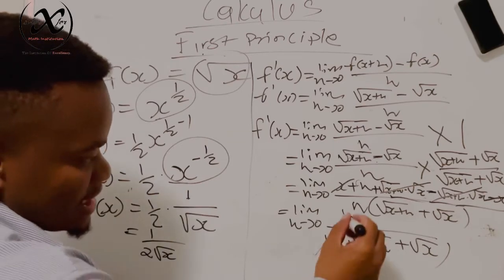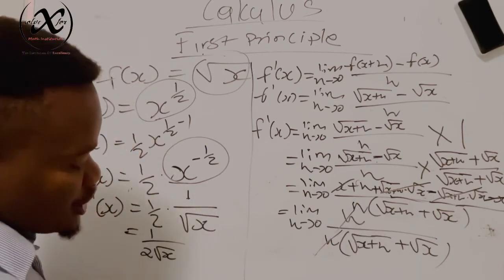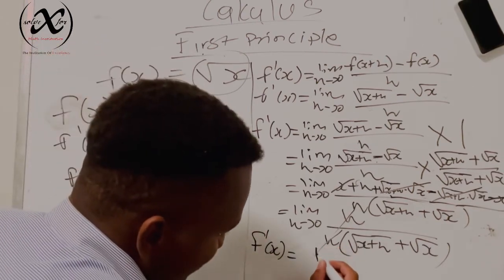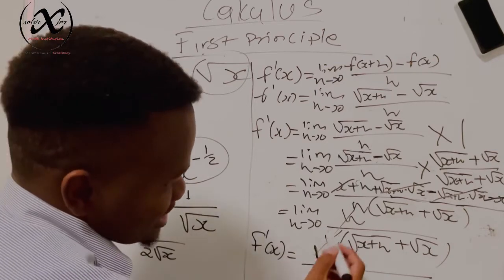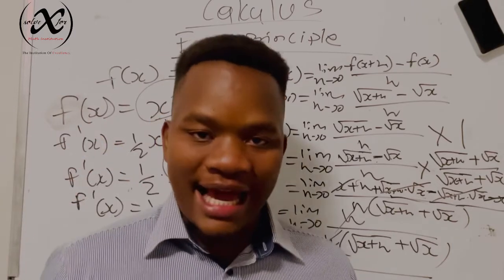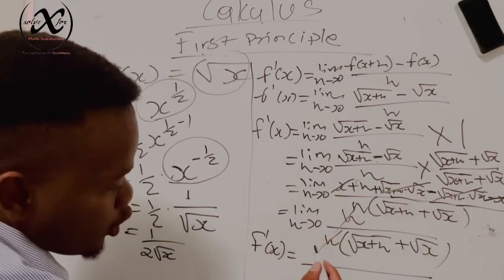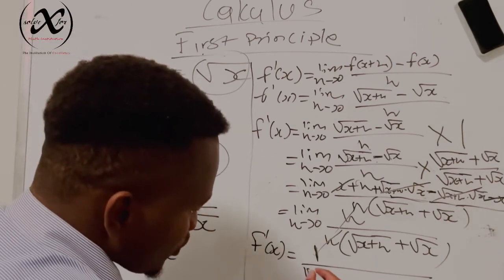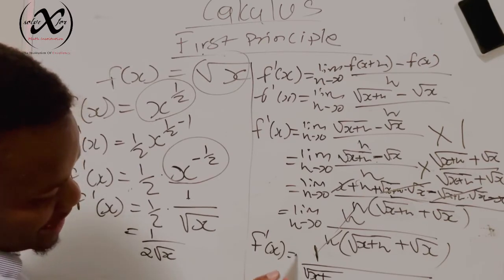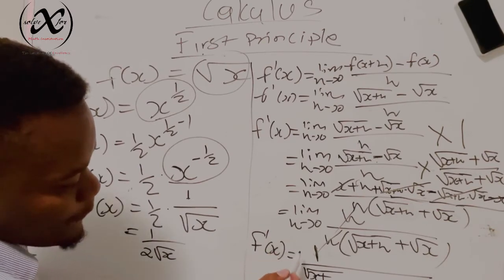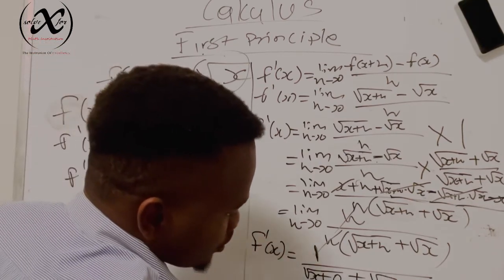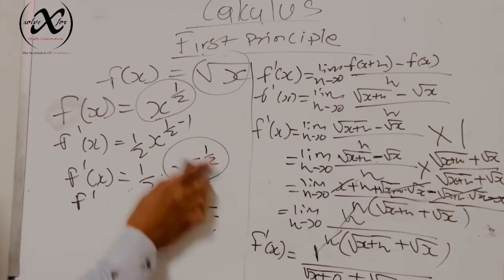So then h and h will go out for lunch. Then you remain with f derivative of x equals 1 over, remember these and these, they reduce to 1. I want you to eliminate this idea of saying they cancel out, but rather say they reduce to 1. So root x plus h plus root x. Notice I didn't write limit as h approaches 0 because now h has become 0.